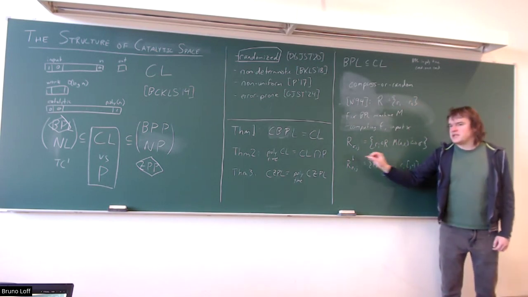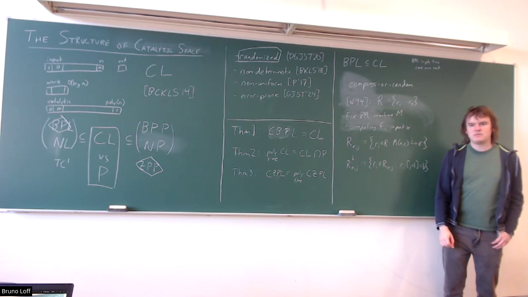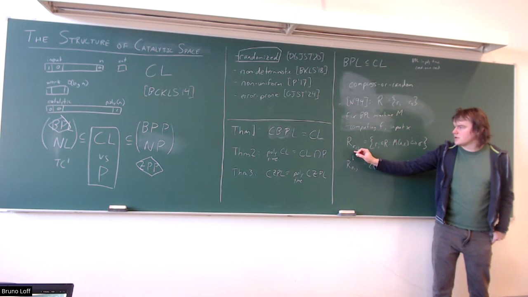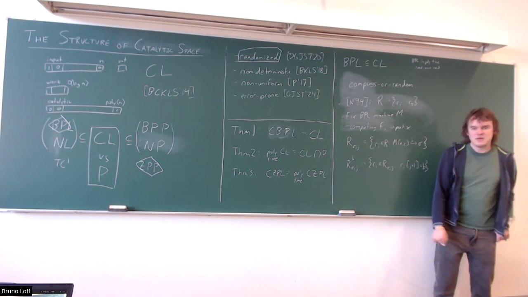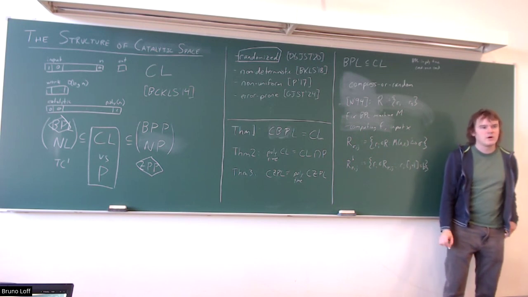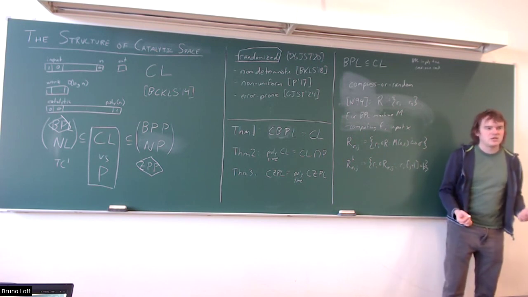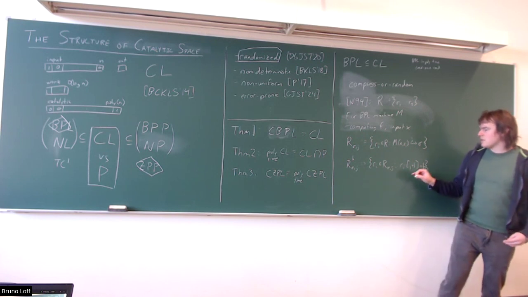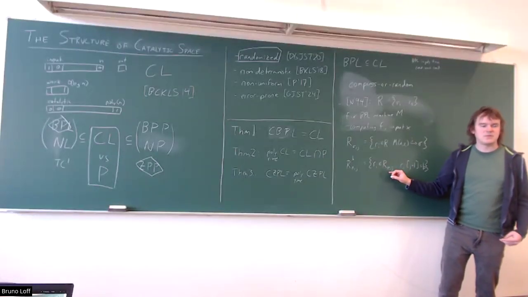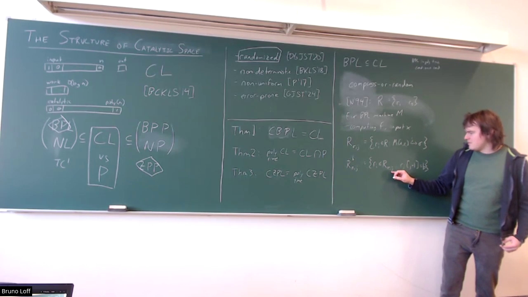Now, for each bit b, 0 or 1, we're going to split up this R sigma j into two sets based on whether the (j+1)st bit is 0 or 1. From everything that I just said, the (j+1)st bit is the bit that you're going to read immediately after the current time step, since I'm forcing you to read a bit at every step in time, and this is exactly measuring the strings that reach this position sigma at step j.